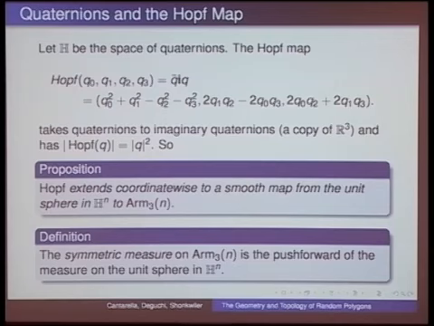It's invariant under the full symplectic group of quaternionic matrices or hyperunitary matrices. And so that will give a nice action on arm 3 and a nice measure that's invariant with respect to that action.